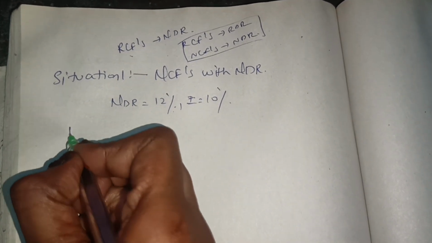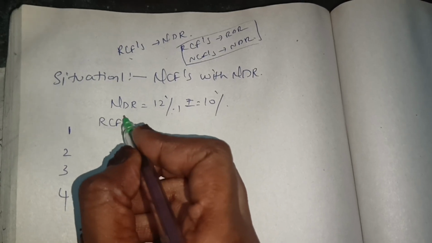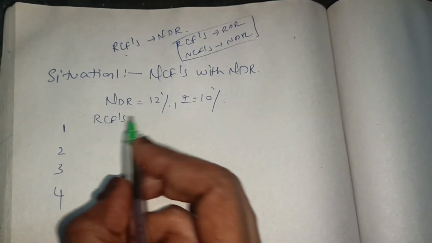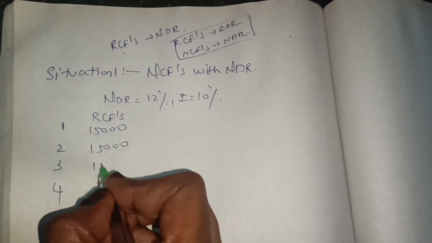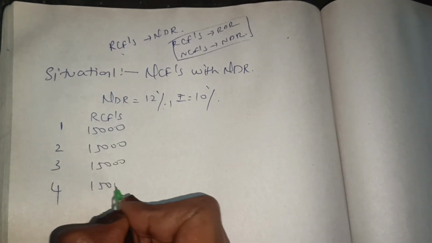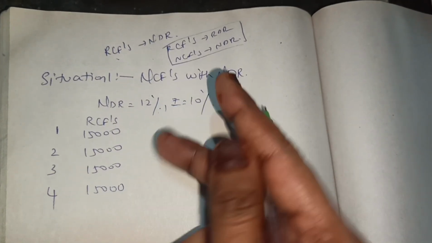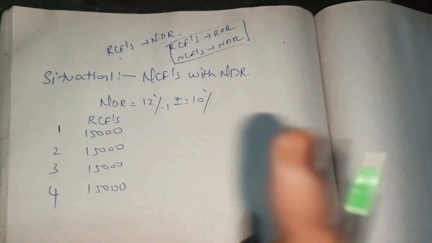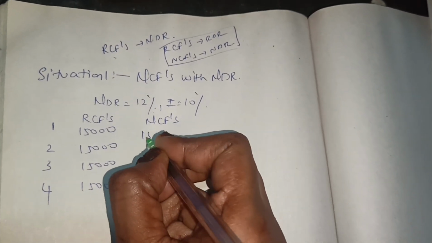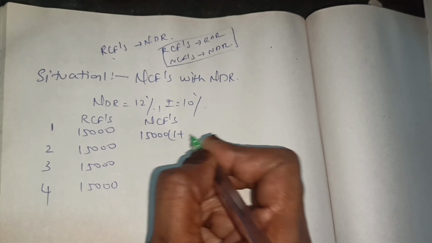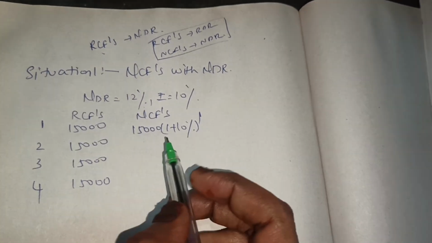Now they gave us 4 years and they gave us real cash flows. It means cash flows without inflation, 15,000. Since I am using nominal discounting rate, I have to convert my real cash flows into nominal cash flows. 15,000 into 1 plus I'll add inflation, 10% whole power 1.